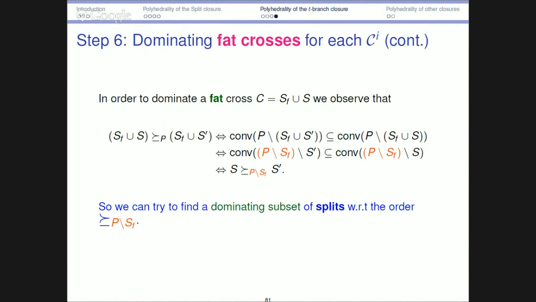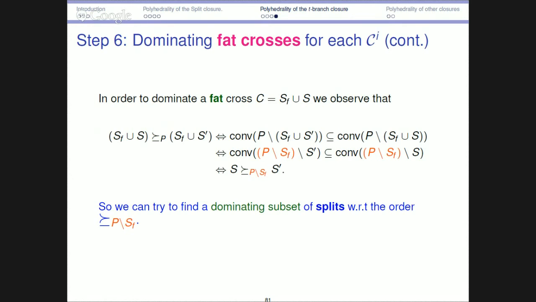If we want to dominate this cross by another cross, we'll try dominating it by a cross that maintains the same fat split. If we do this, this domination by definition is the convex hull of P minus the union, and you can do some algebra to write this domination in terms of crosses as domination of splits in terms of not P, but P minus this fat cross. Sorry, fat split.